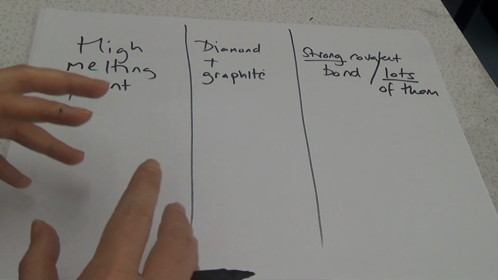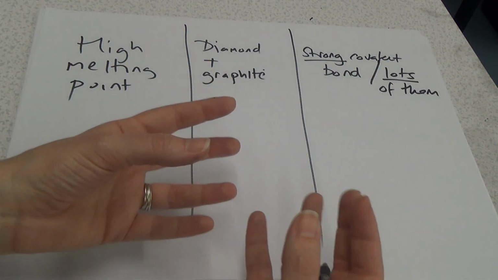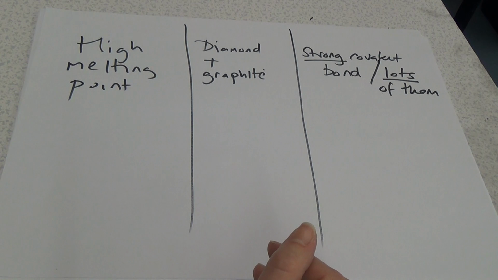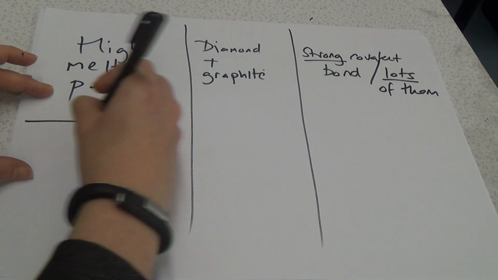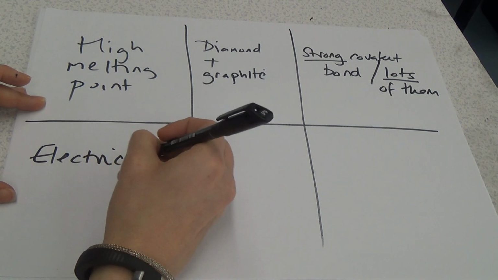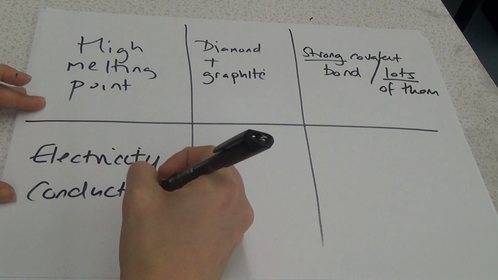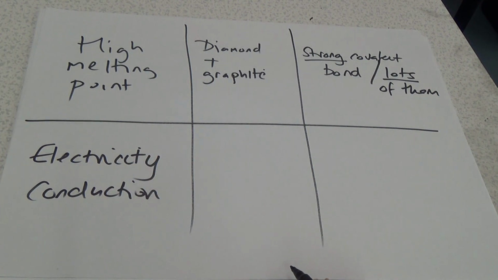So that kind of changes in terms of the hardness of diamond as compared to the weakness and the slipperiness of graphite. Another property that we need to look at is electricity related to conduction. Now, when we talk about electrical conduction, there is a difference.